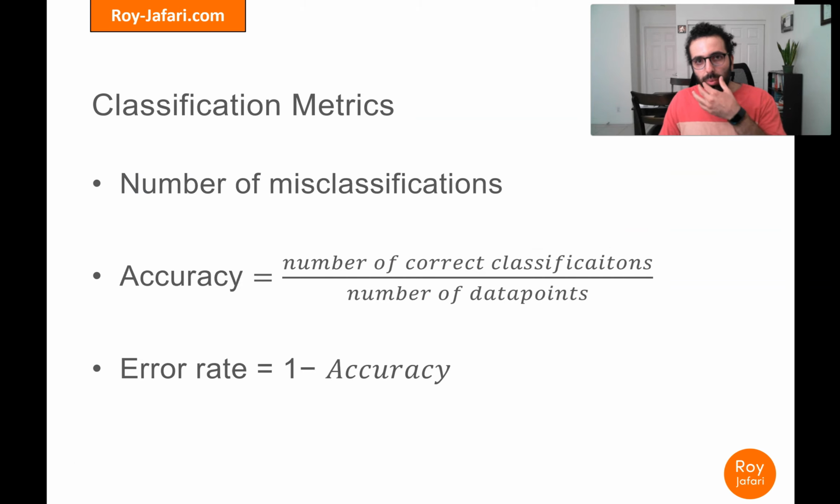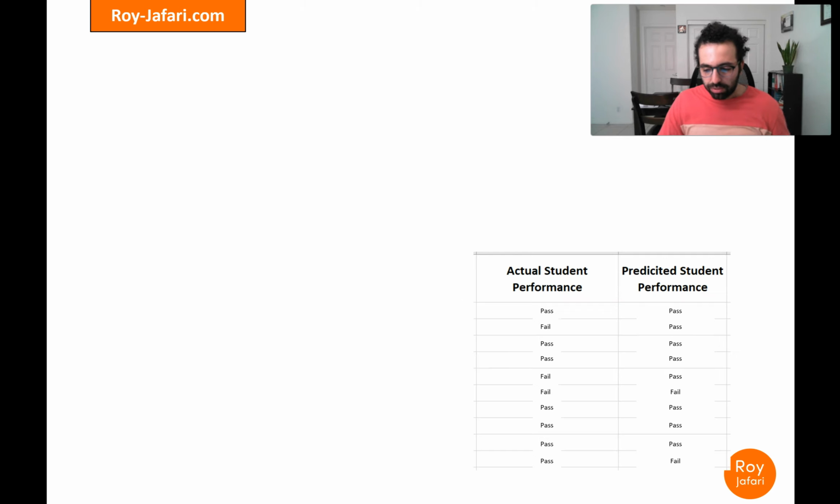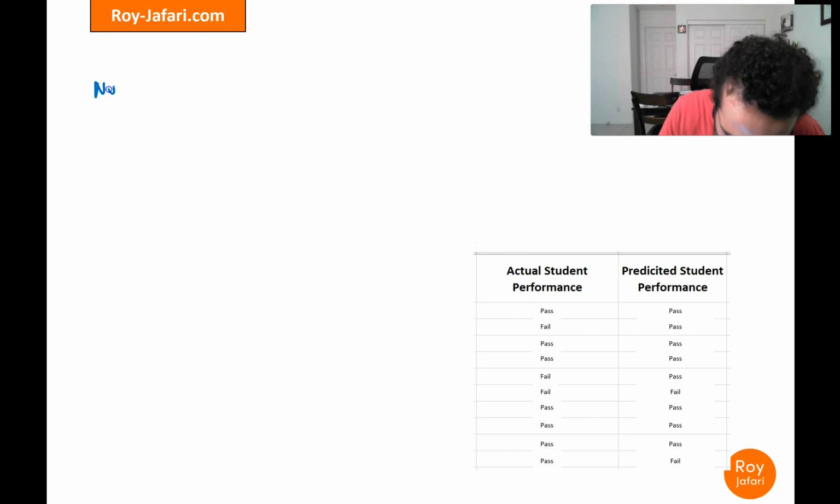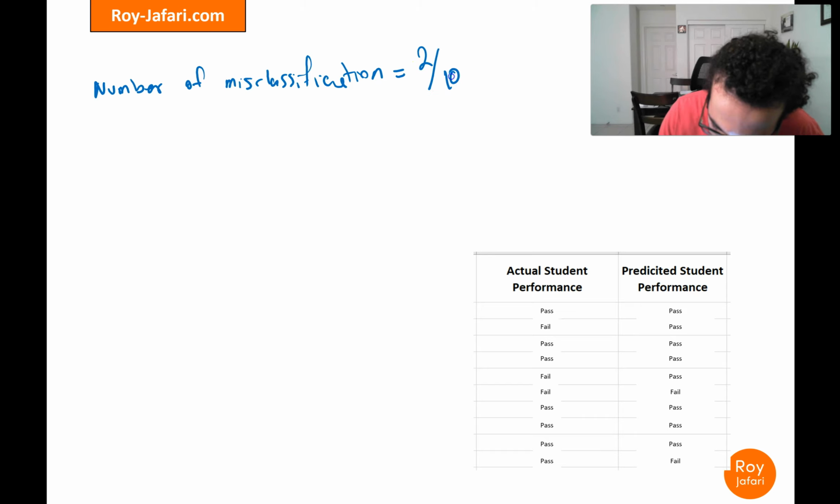So that was the way we would go about that visually, but how about if we wanted to capture that with a number? There are 3 metrics we can use for classification: number of misclassifications, accuracy, and the error rate. Let's calculate these for this example. Here the number of misclassifications is 2 out of 10 cases.